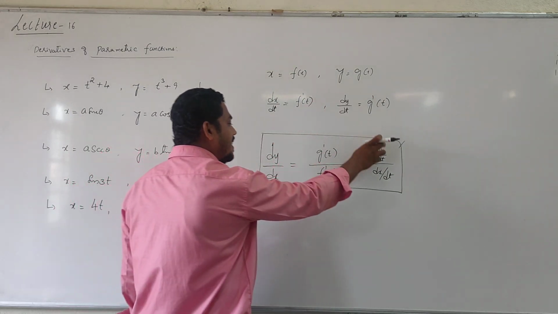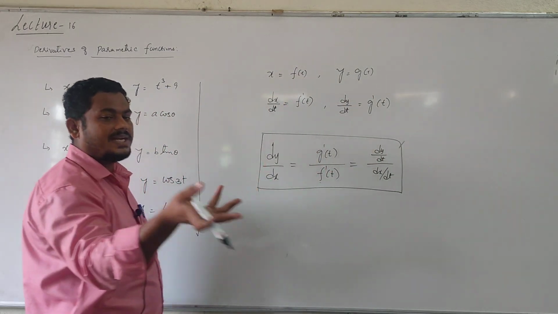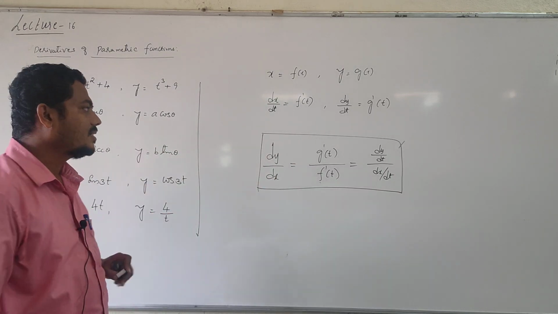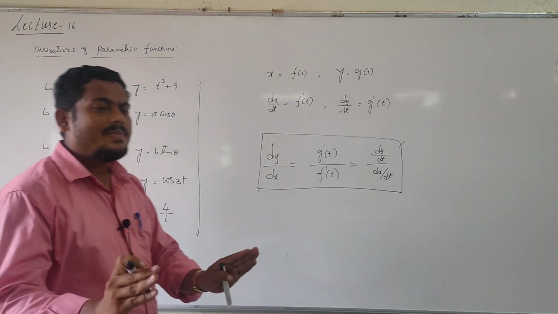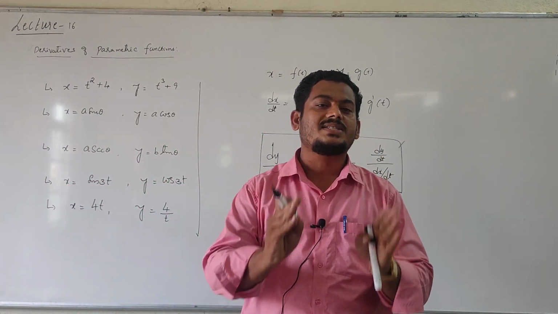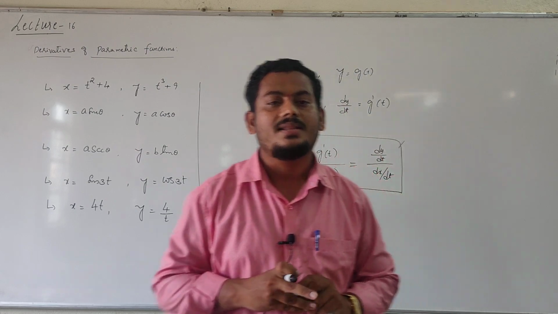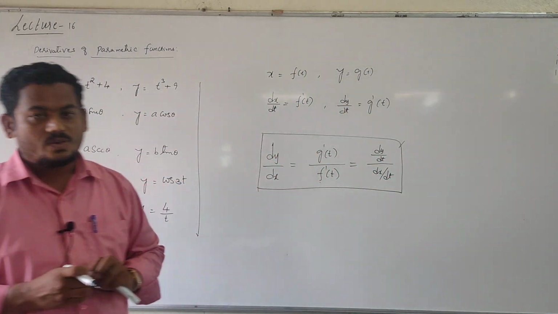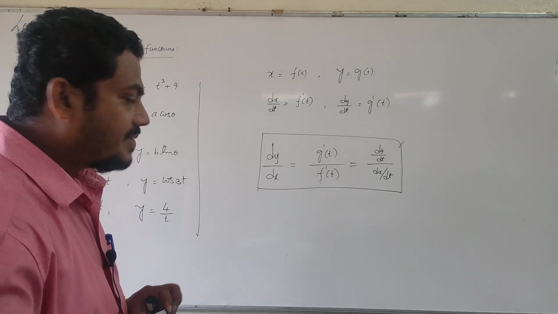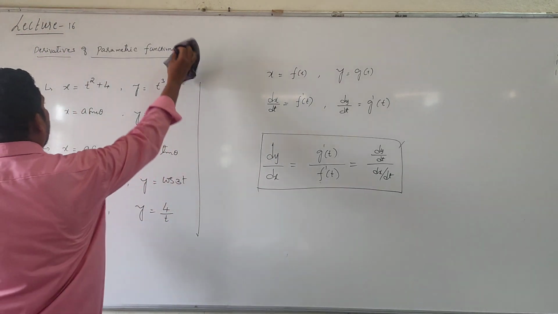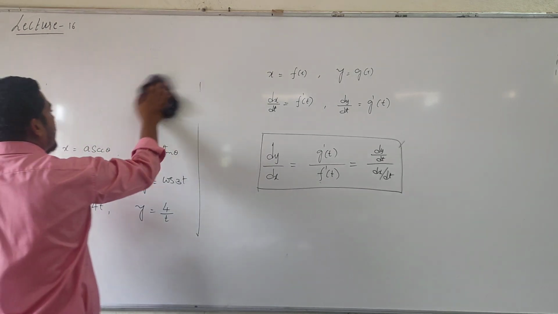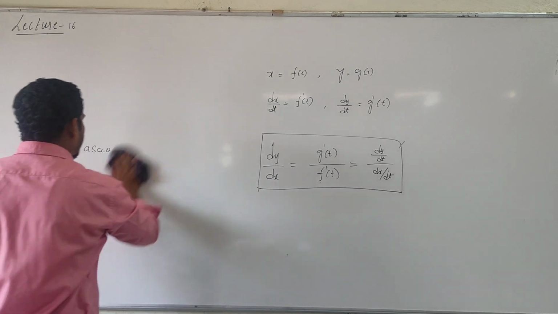First find dy by dt and dx by dt, then take its ratio, it gives dy by dx. Right? Remember, parametric form means both x and y are expressed in terms of third variable either t or theta is known as parametric function. Next we will discuss problems on parametric functions. How to find derivative of parametric functions.